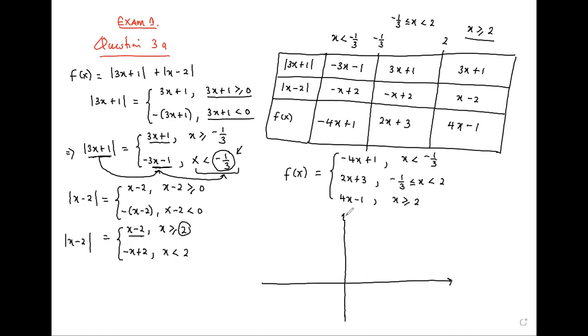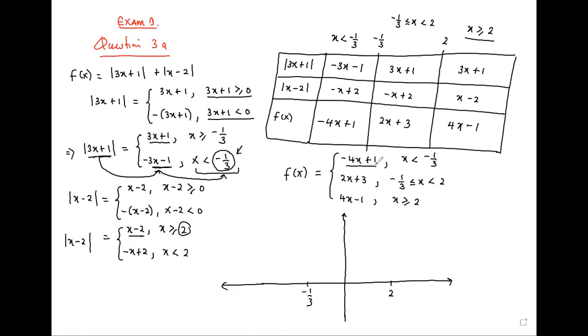And the sketch is dependent on two numbers, negative 1 over 3 and positive 2. So when x is less than negative 1 over 3, we are doing the function on top.